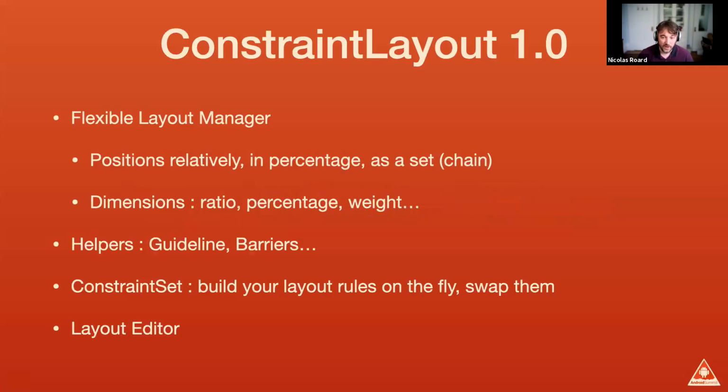ConstraintLayout 1 was bringing a lot of interesting functionalities for positioning your widgets, relative positions, dimensions, ratio. We also had this idea about helpers, which is an interesting concept. It's essentially elements in your layout file that are not views specifically, that you may not actually use to display something by themselves, but they are there only to help you set up your layout in a more straightforward way, like guidelines and barriers, etc.